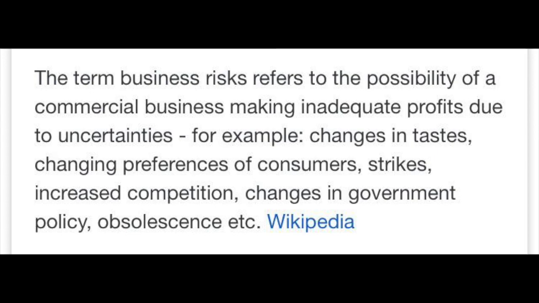In other ways we can say that in my business some mishappening or unexpected event happened due to which my business faced losses, or some such situation, uncertainty or event happened due to which I even made profits. So business risk can be profits also or even losses also, right? Due to any kind of unexpected event, right?